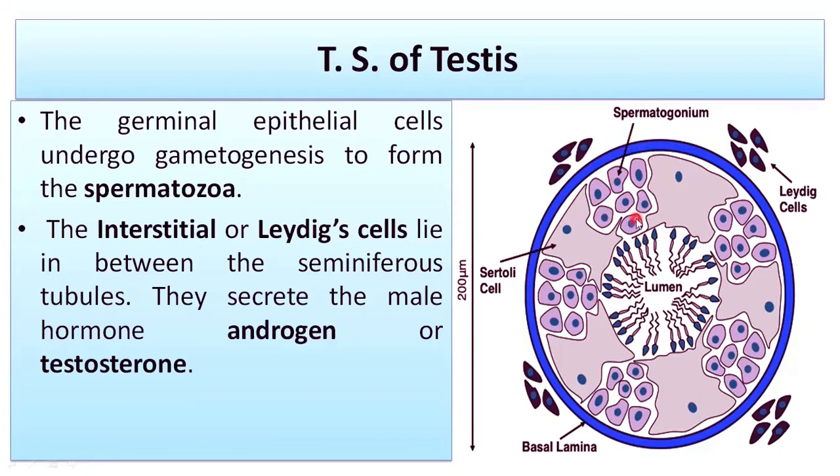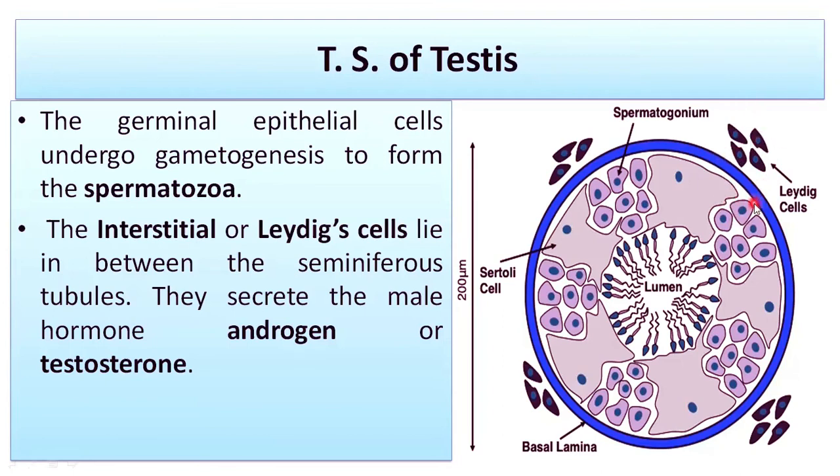The germinal epithelium layer is undergoing gametogenesis, to form a sperm. Now interstitial or Leydig cells lie in between the seminiferous tubule.